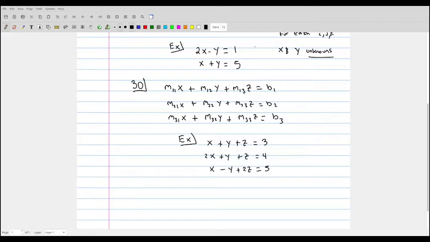And the problem, just like before, would be to solve for the unknowns, which are x, y, and z.